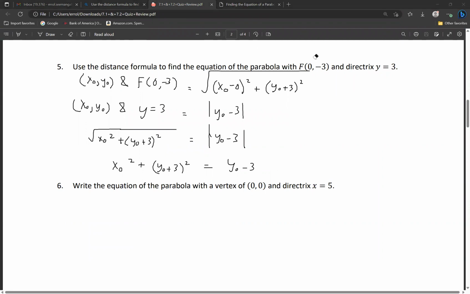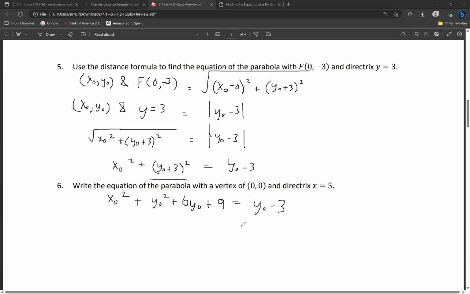Let's square it out. So x0 squared is just x0 squared. Now if we expand this out, what do we get? Plus y0 squared, plus 3y0 plus another 3y0, which is 6y0, plus 9, equals y0 minus 3 squared.